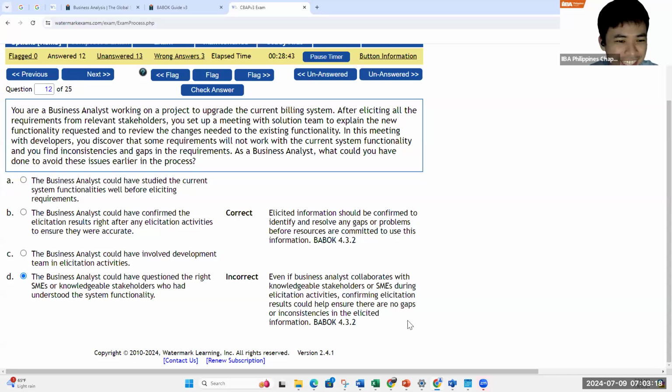That was sticky. Do you think that this is a bad question, a bad answer? If you do, I can copy it and send it back to Watermark and tell them that it could be improved. Oh, no, yeah, I didn't think the question really implies that the elicitation results are the issue, does it?